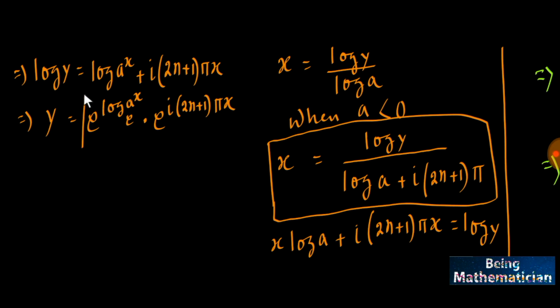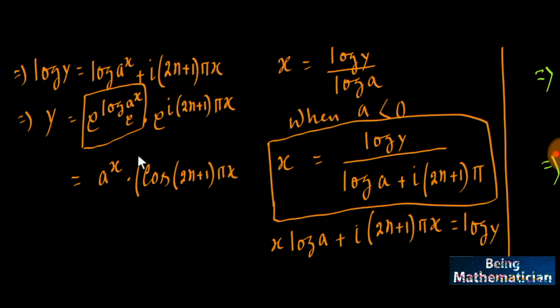Therefore, by the property of logarithm, we have a to the power x into cos (2n plus 1) into pi x plus i into sine (2n plus 1) into pi x, and this comes by Euler's form.